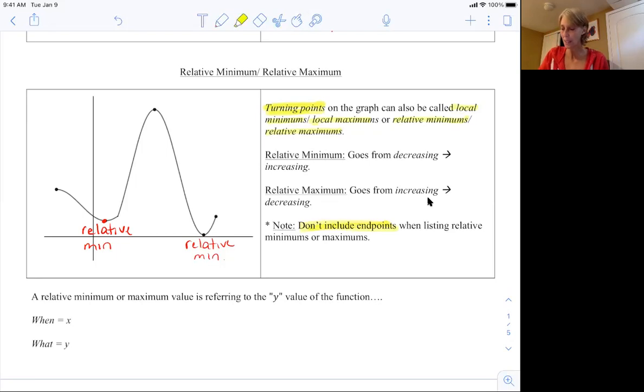In this case here, I go from decreasing to increasing. Over here, I go from decreasing to increasing. That's how we make our decisions. And this guy up here, when I go from increasing to decreasing, this would be considered a relative max. Really important that these are turning points in the graph.